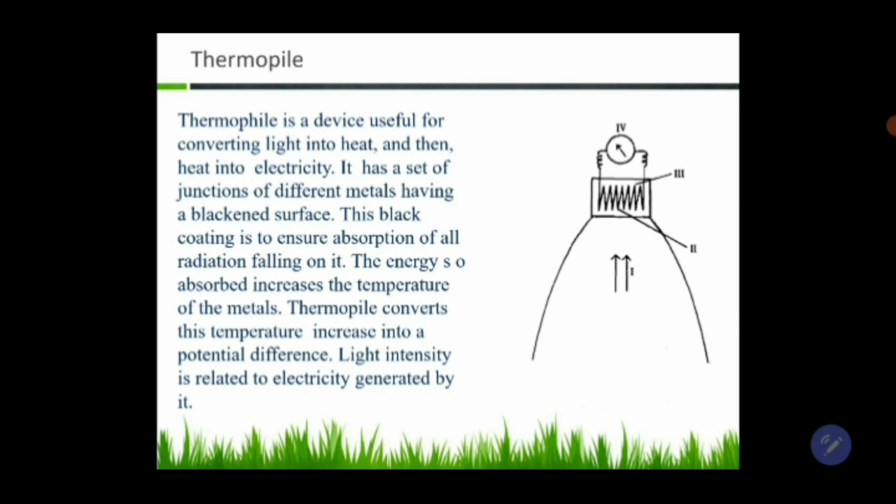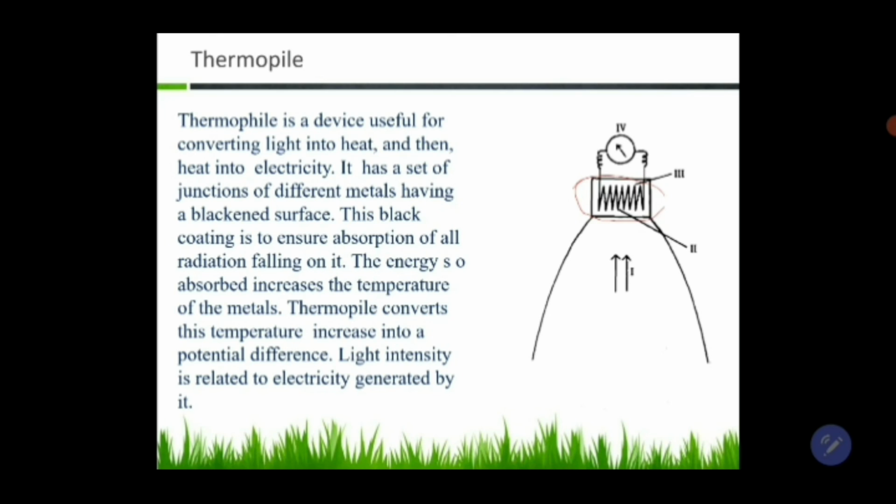Thermopile. So this is the diagram for the thermopile. A thermopile is a device useful for converting light into heat and then heat into electricity. It has a set of junctions of different metals having a blackened surface. This part is that. This black coating is to ensure absorption of all the radiation falling on it, because black will absorb.